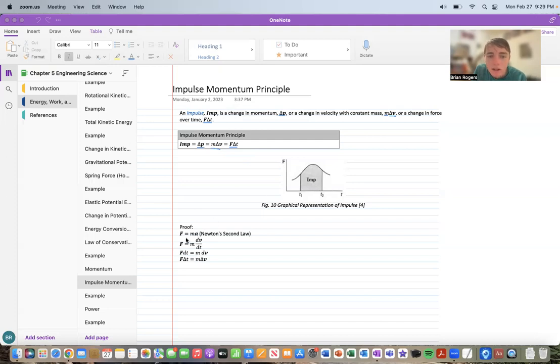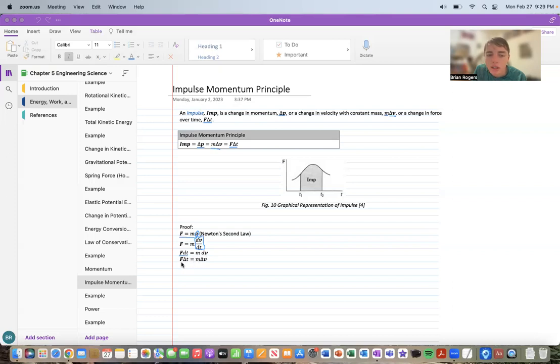And so a simple proof is, remember, from Newton's second law, force is equal to the mass times the acceleration. And the derivative of velocity will give you acceleration. So we're substituting in for acceleration the derivative of velocity. Now, rewriting the equation, we multiply both sides by dt, and we get force times dt is equal to m dv.